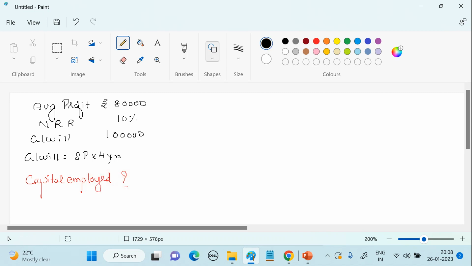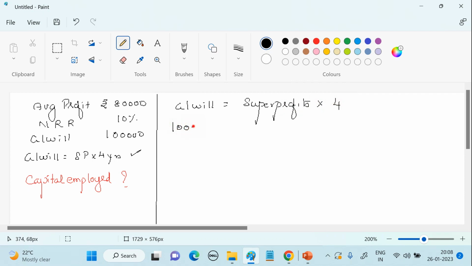So now let's do the calculation here. You have to apply the concept that you learned. Because we have the goodwill, we know 4 years purchase, we'll be able to get super profit. So we'll start with that. Goodwill is equal to super profits into 4.